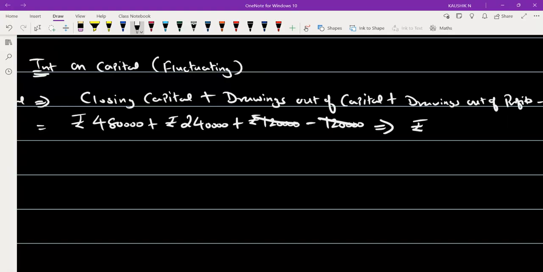Will it not be 5 lakh 76? Check it out properly. 4 lakh 80 minus 1 lakh 20 plus.